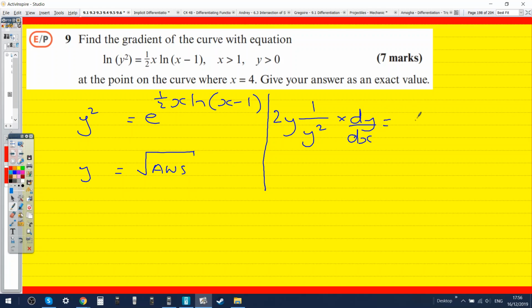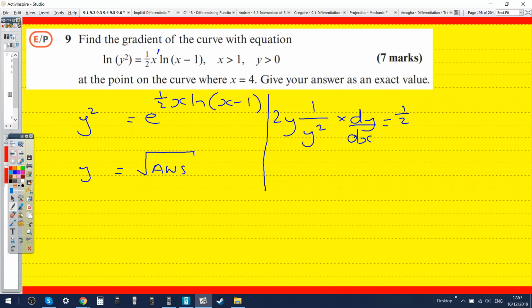Okay, equals 2 half x. So that would just be x. How do you differentiate half? Oh, wait. You just have half. Okay, half, then half 1 over x minus 1. Slow down.